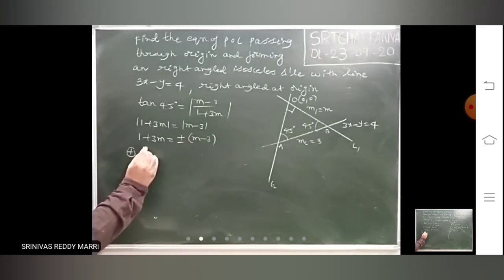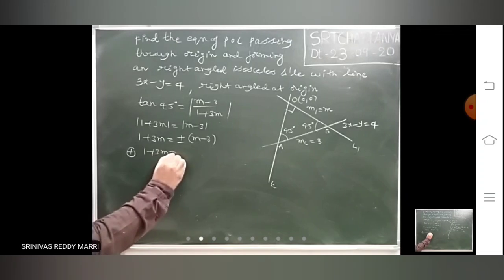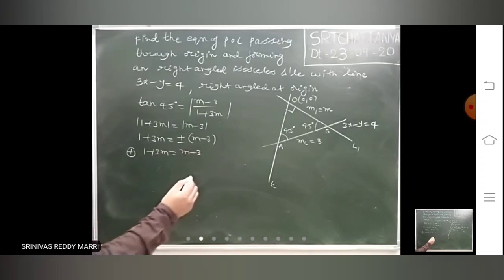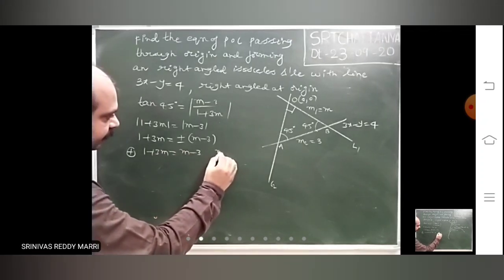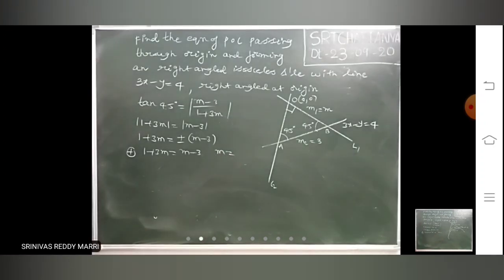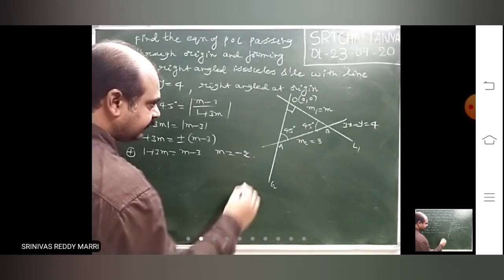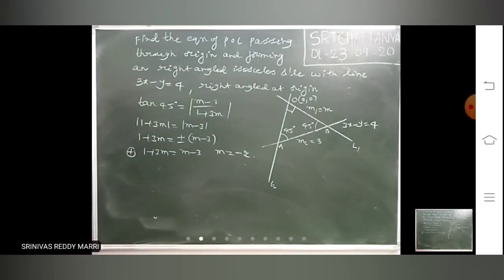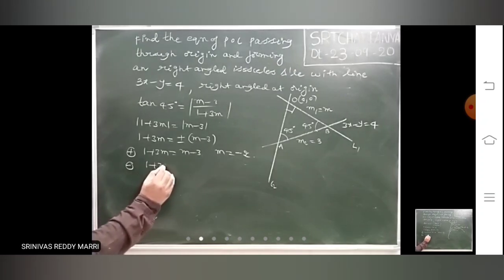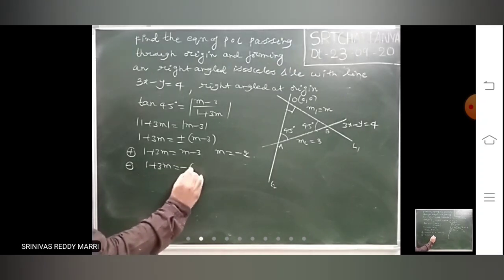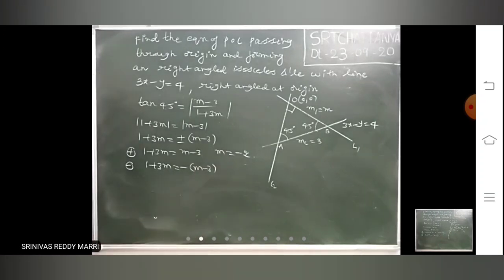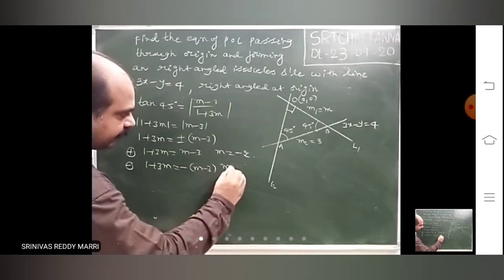If you take plus, you will get 2m equal to minus 4, that means m equal to minus 2. If you take minus, you will get m equal to 1 by 2.